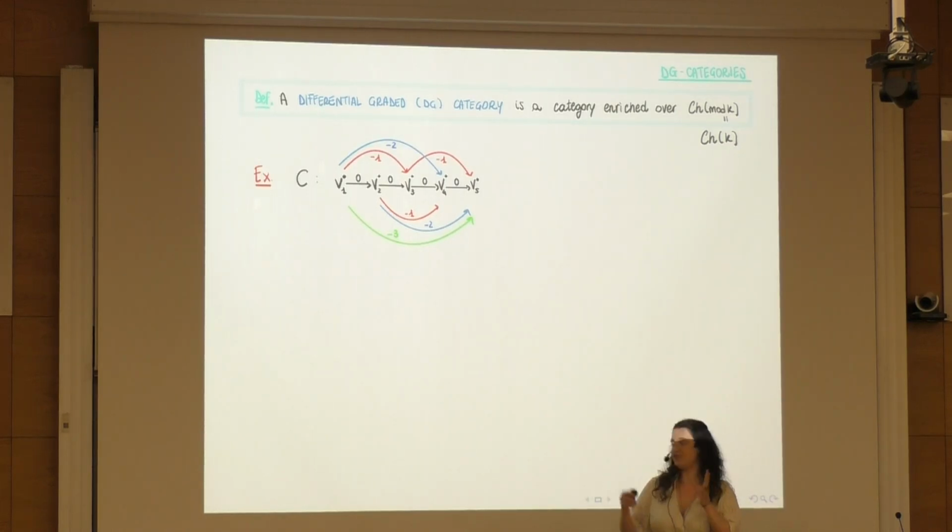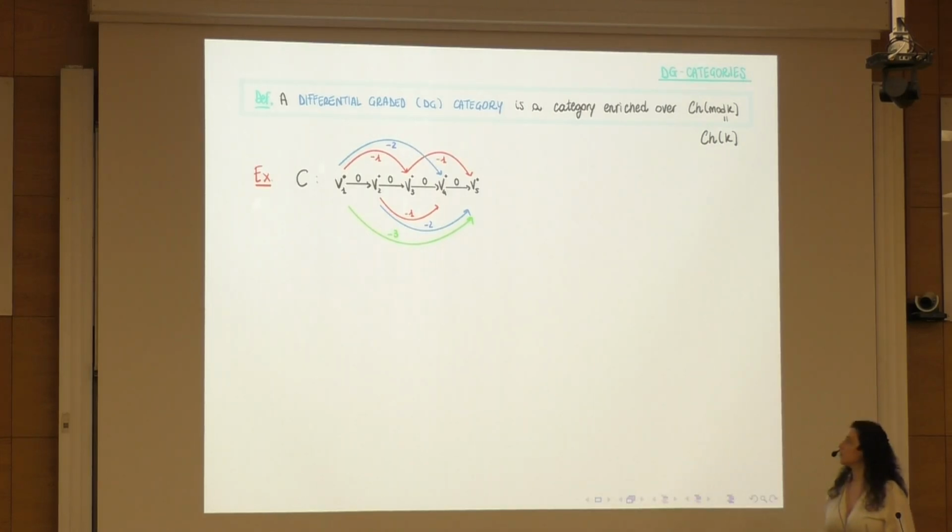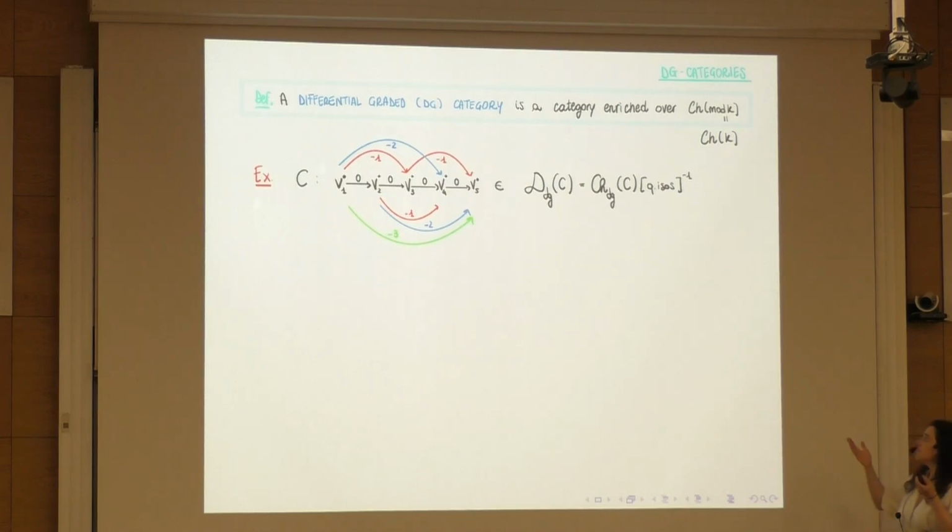So different colors are different degrees, and the degrees are denoted close to the arrows. So this is an easy picture, and it's interesting because it actually also represents an object in another DG category, which is the derived DG category of C, which is defined as the localization again at quasi-isomorphisms of the DG category of chain complexes of C.